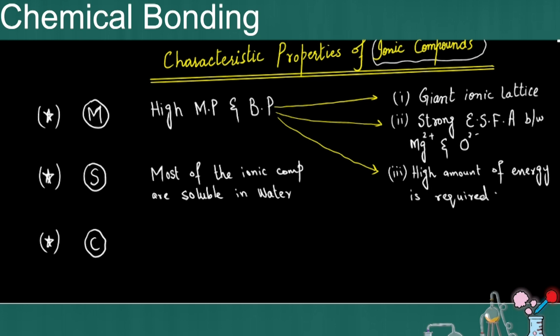Last point, conductivity, very important past paper question as well. Ionic compounds are good conductors. लेकिन किस form में? Only in the aqueous form or in the molten form. Ionic compounds are good conductor in aqueous form or molten form. बेटा ये जो aqueous है इसको हम कहते हैं solution state. और ये जो L लिखा हुआ है, this is liquid, it means molten.